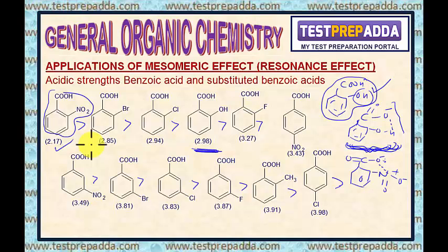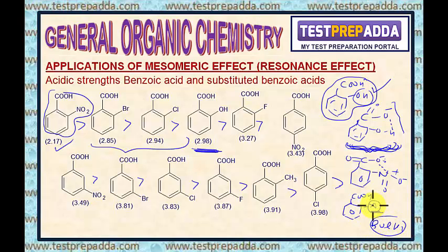Now how will you explain the acidic character of these two? Means halo benzoic acid, whether it is chloro or bromo. So here if I say Cl or Br, this halogen group is a bulky group here.